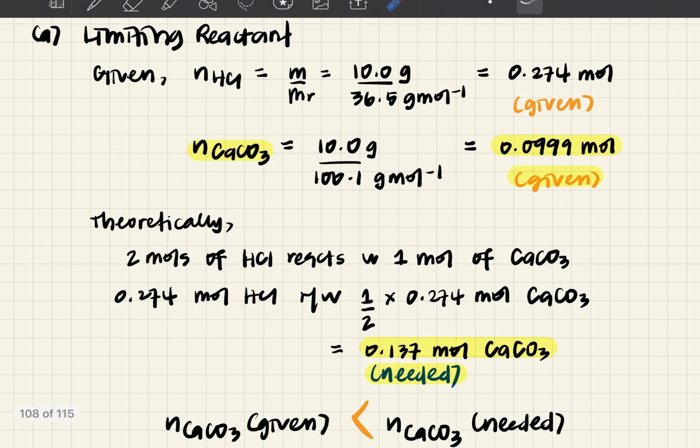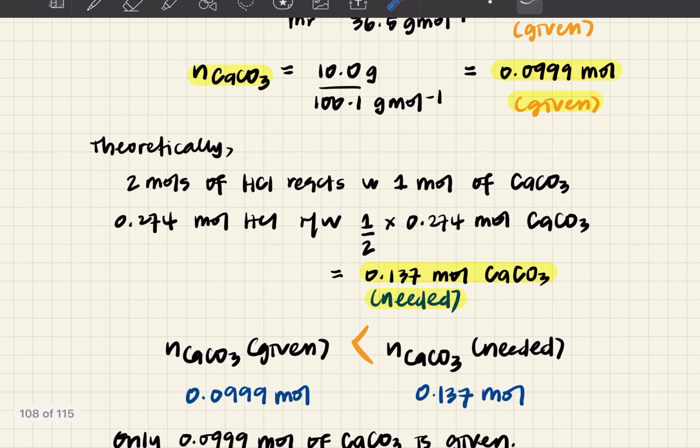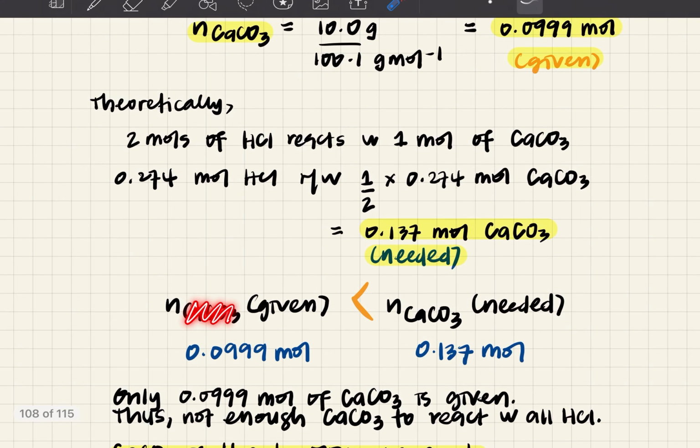So beza dia, bila awak guna HCl, awak cari HCl punya mole given dengan HCl punya mole needed, okay, you will find that the bracket is reversed, okay, because HCl is your excess reactant.